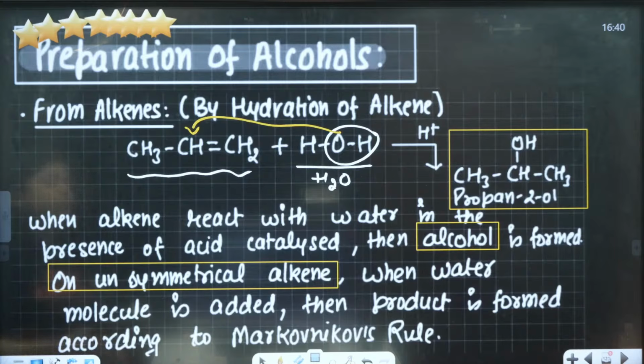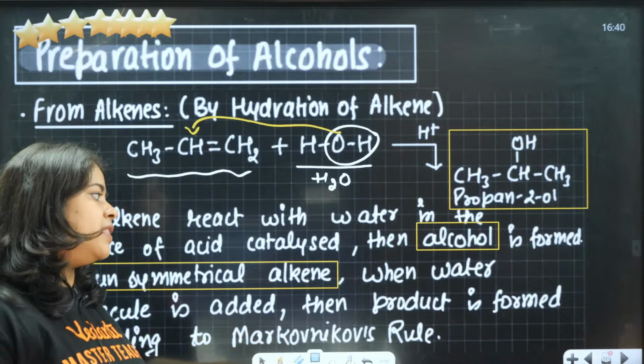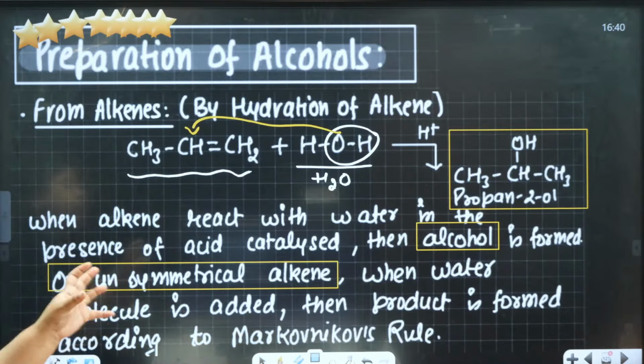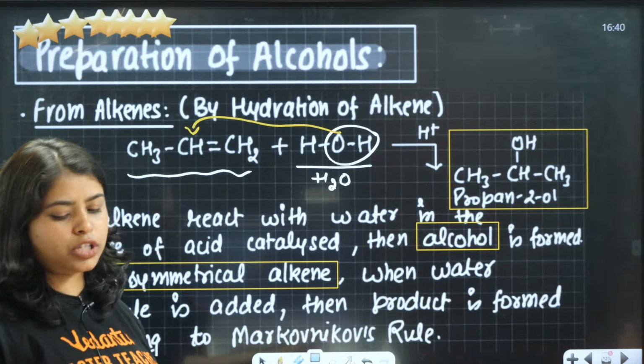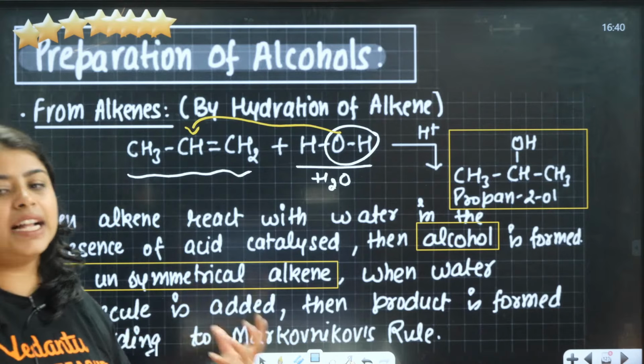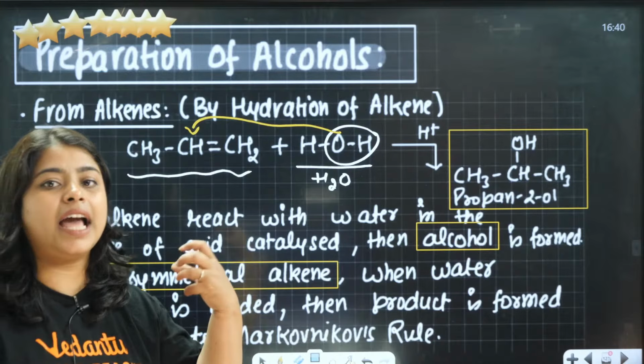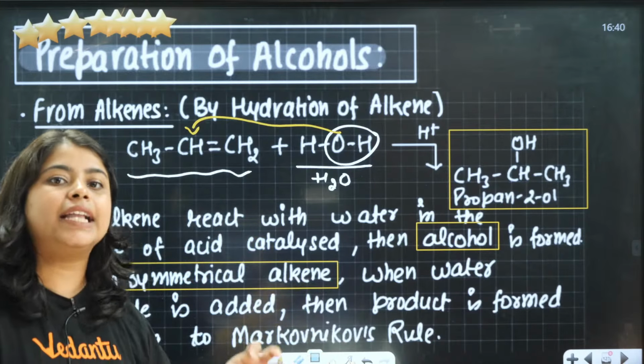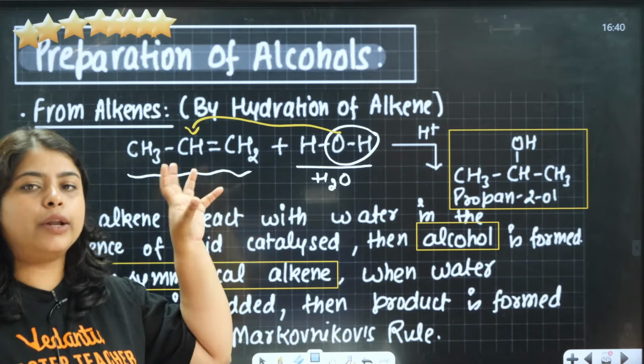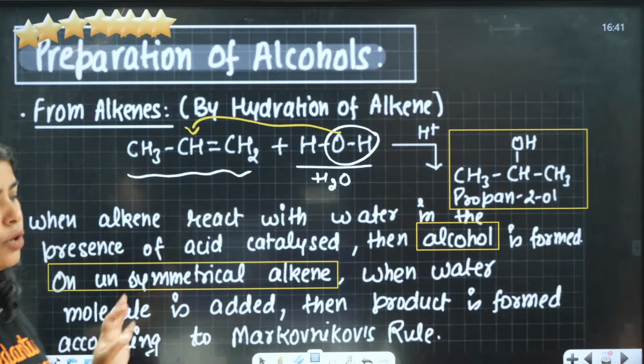So what is the meaning of Markovnikov's rule? When the water molecule is added, the product formed follows Markovnikov's rule, meaning the OH of water is attached to the alkene group.